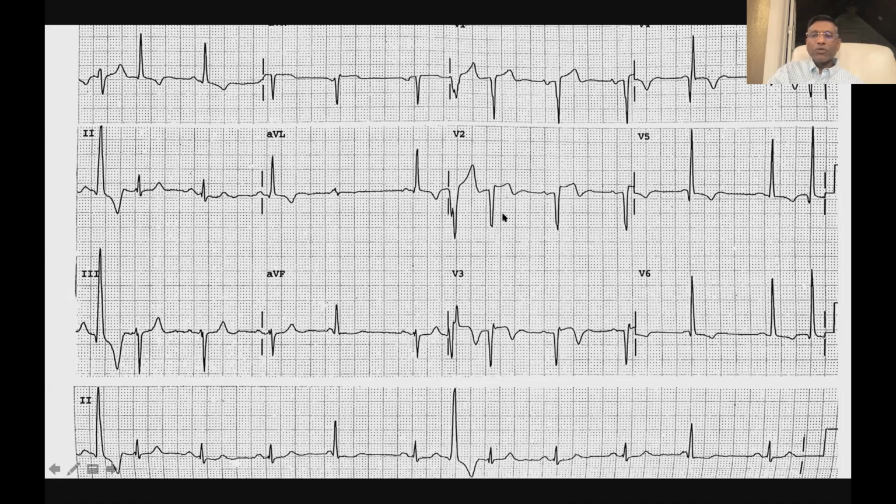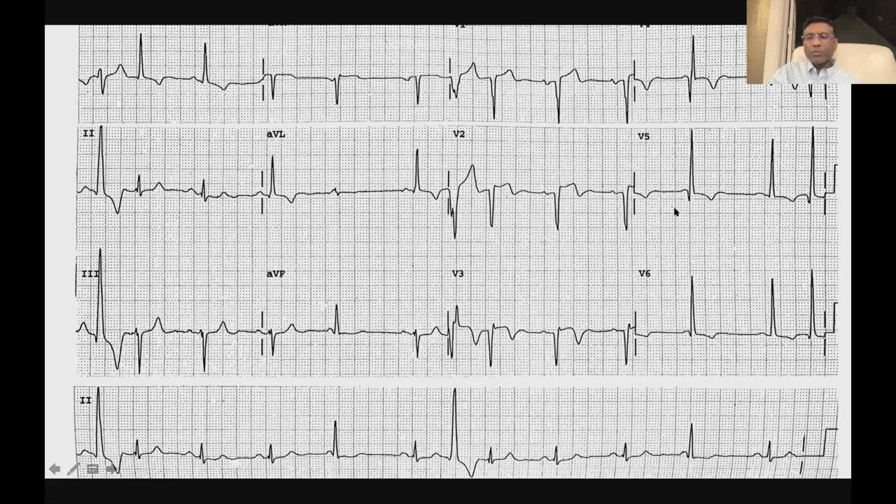The fact there are Q waves, you do know that at presentation of acute infarction, within the first few hours, you can develop Q waves. So just because there are Q waves doesn't mean it's not an acute infarct. But current of injury is definitely present. Reciprocal changes, not so sure. I wouldn't say they're very prominent.